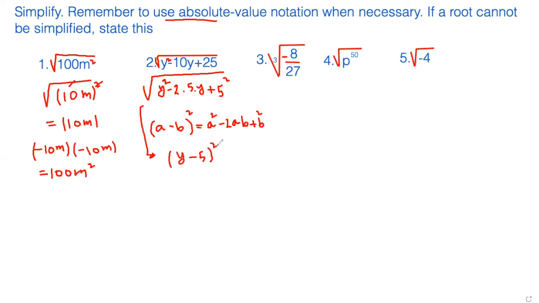Why? Because I want to get rid of the radical sign. That's why we are using the formula, to express the whole thing as a square. So then this square and radical cancel each other. My answer is y minus 5.